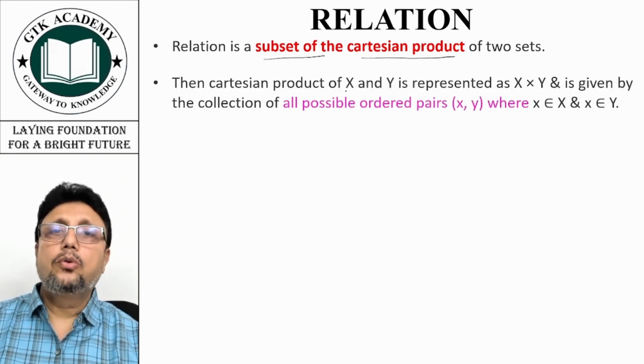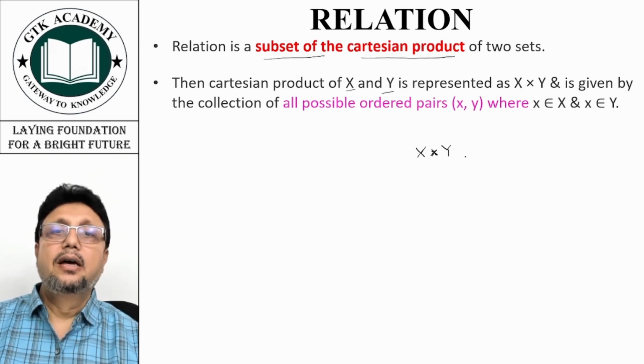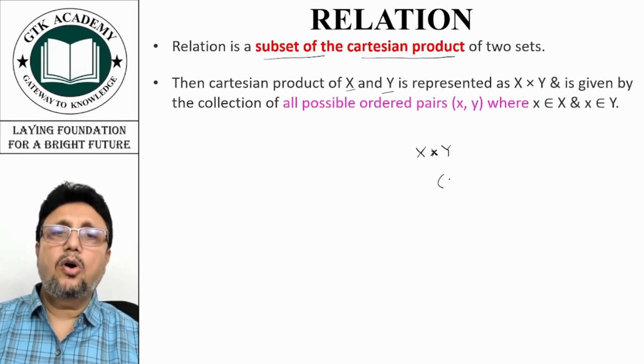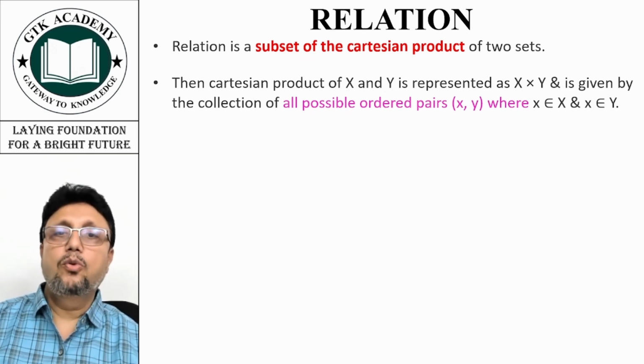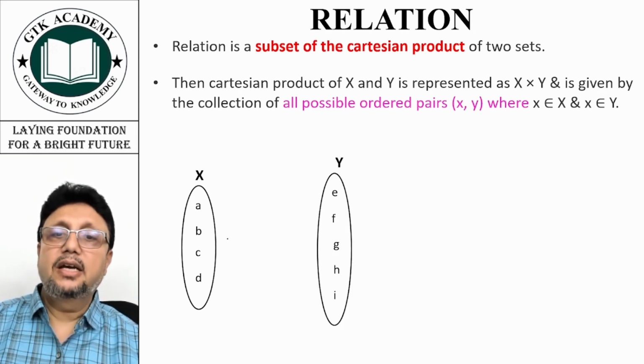The Cartesian product of sets X and Y is represented as X cross Y, and this cross should be small, X and Y are big, such that it contains all the ordered pairs (x, y), where x belongs to the bigger set, capital X, and y belongs to capital Y. So let me explain what it means. Suppose this is a set X which has a, b, c, d, and Y which has e, f, g, h, i.